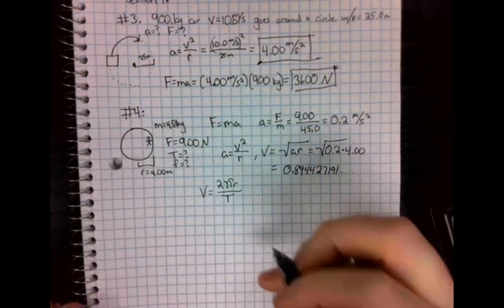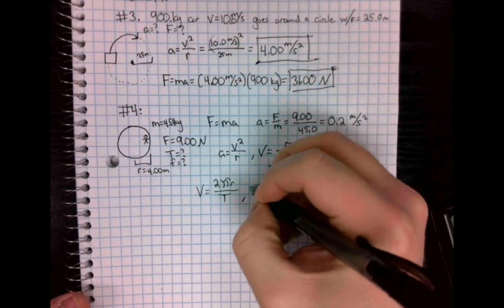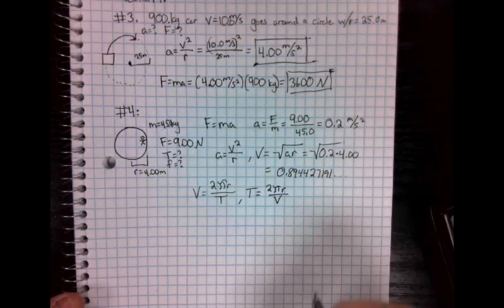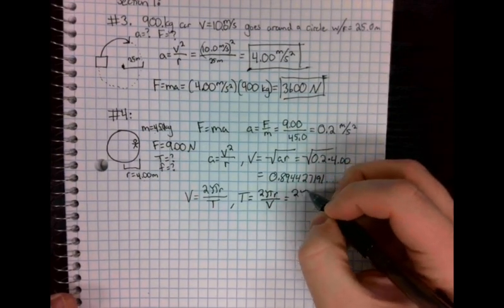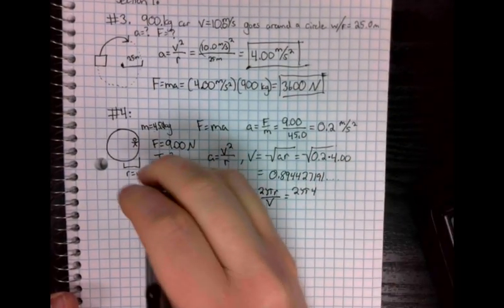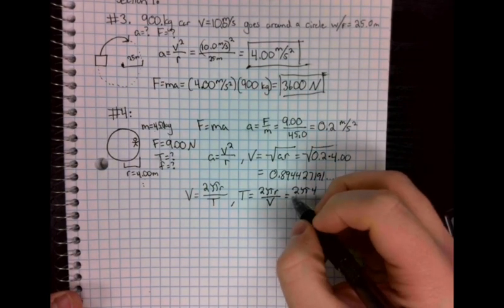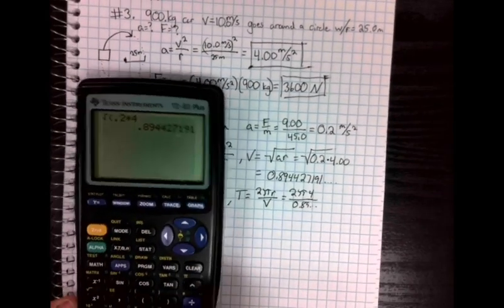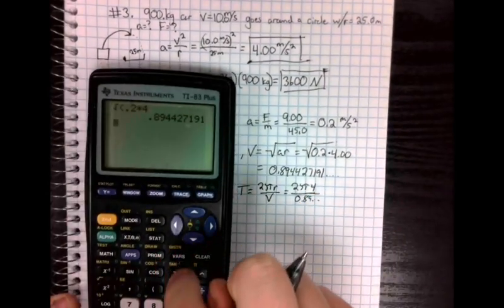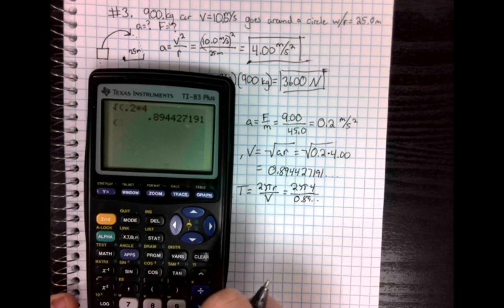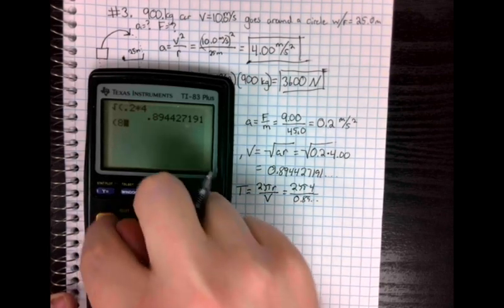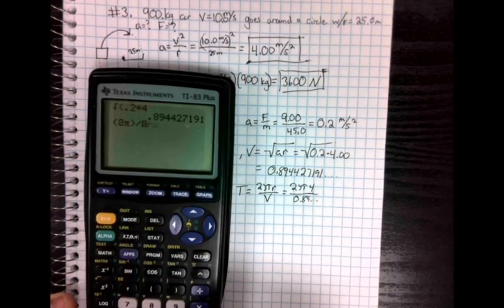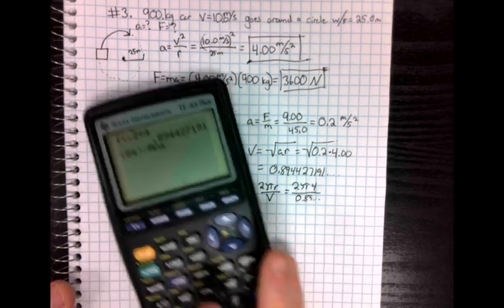We're trying to find period. So if I rearrange that, I can get T equals 2 pi r over v, or 2 pi 4, because it's our radius from over here. It's 4. And then over 0.89... I'm going to just use the whole number. I'm also going to simplify this and just do 8 pi over the answer. It's a much more efficient way to do this.